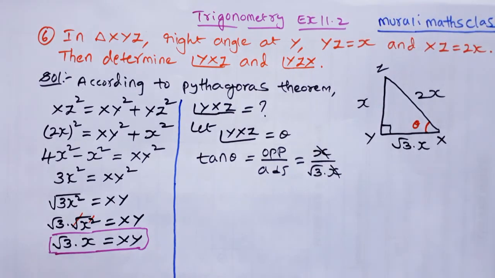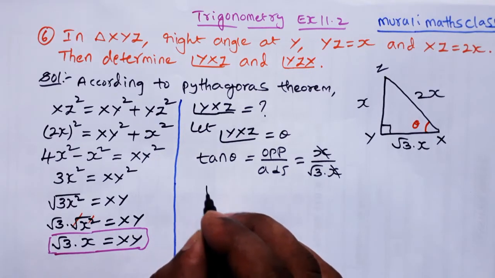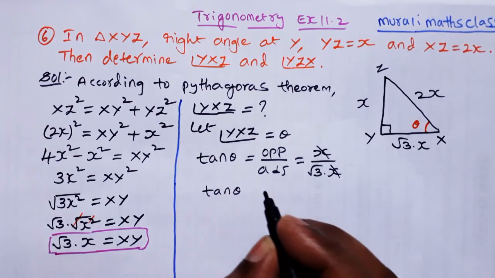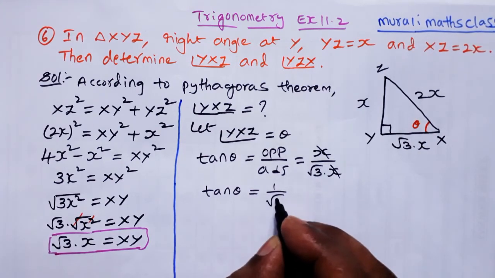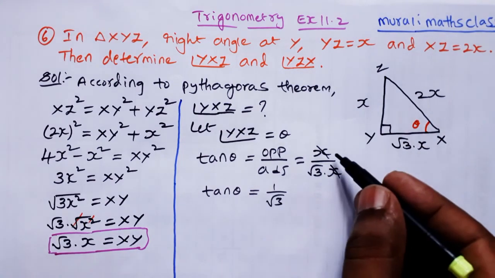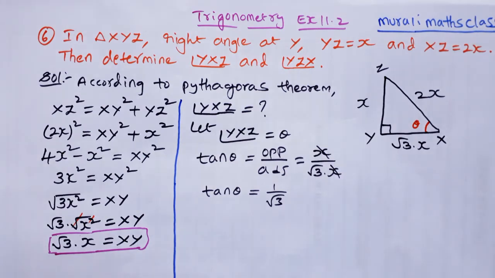X cancel. We can cancel x. So remaining what we'll get, tan theta equals to 1 by root 3. Here nothing will be there, we can write 1. Tan theta we got as 1 by root 3.